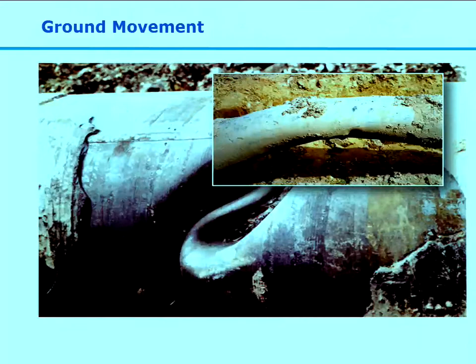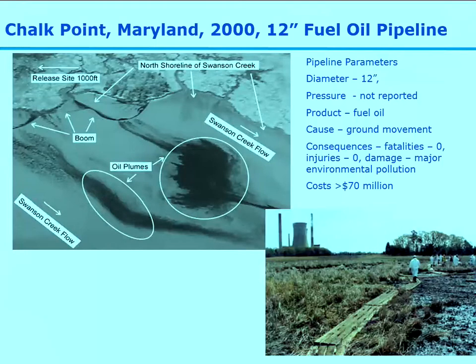The pipeline will wrinkle because of the movement that's been applied, and the wrinkle, depending on the size of it, can be very high stress, and therefore you get fracture at the wrinkle. In this case it didn't have to grow very much to release massive amounts of crude oil, but obviously there is a potential for the fracture to grow.